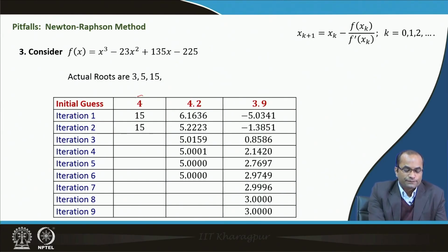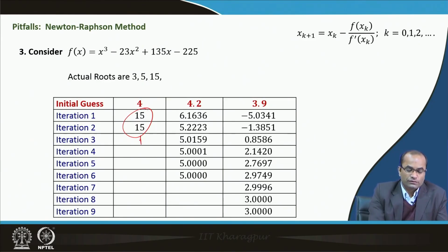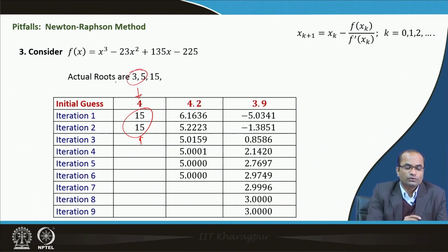The point is that we have taken 4, which was close to 3 or 5, which were also roots of the given equation, but this is converging to the root which was much farther from the initial guess, which is again a drawback, because we expected that if we take the initial guess 4, it should go to 3 or 5.